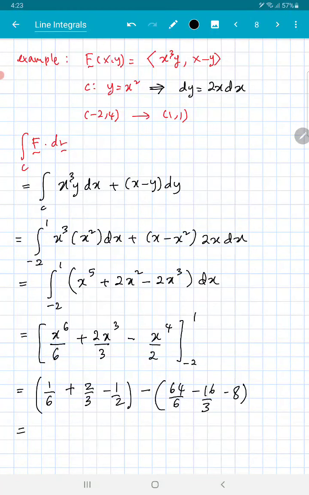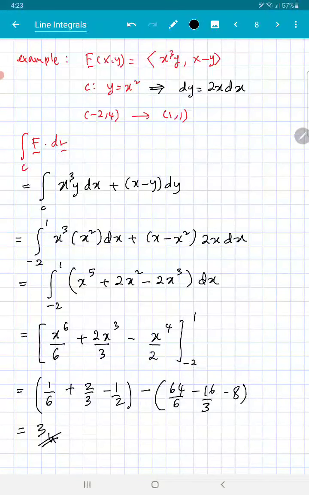Okay, simplify this, we get 1 over 6 plus 2/3 minus a half minus 64 over 6 plus 16 over 3 plus 8, and the answer is 3.